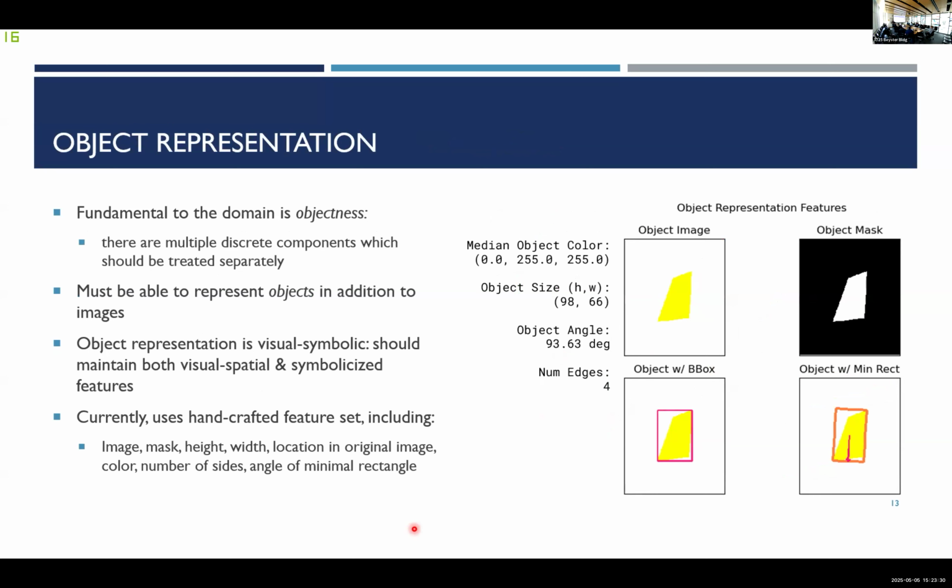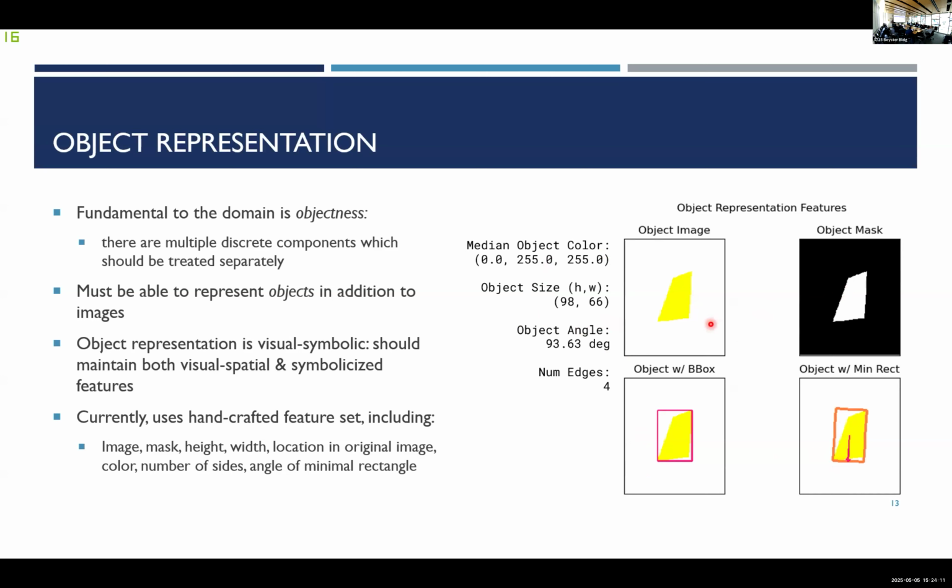And so in order to enable this, I developed a very simple handcrafted set of object features and an object representation in SVS, which can take an image and extract all this information and then represent it in visual working memory in terms of these visual features that you see here, for example, the image and the mask, but also in symbolic working memory in terms of, for example, its color, its height and width, and the angle that it's facing according to a particular metric. And I can use both of these kinds of information, both the symbolic and the visual, in order to guide its search for the right answer.